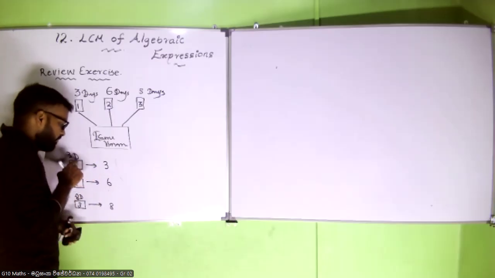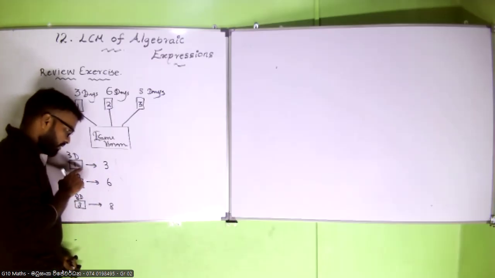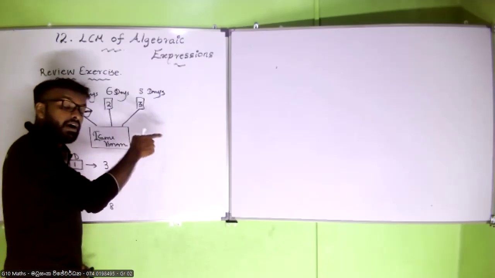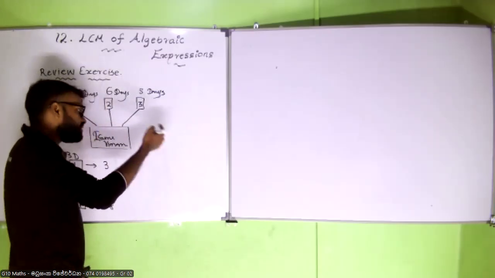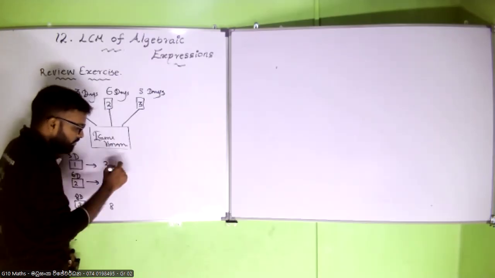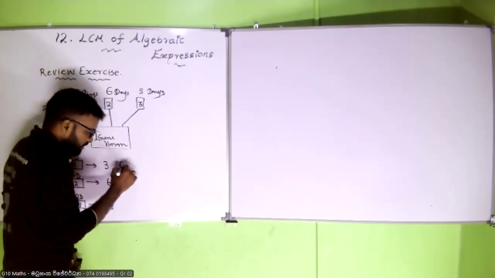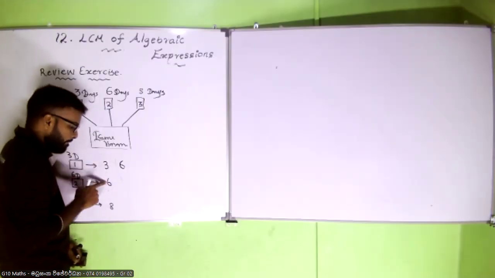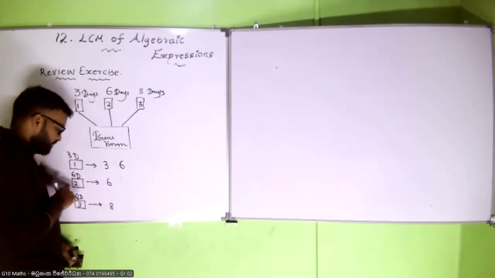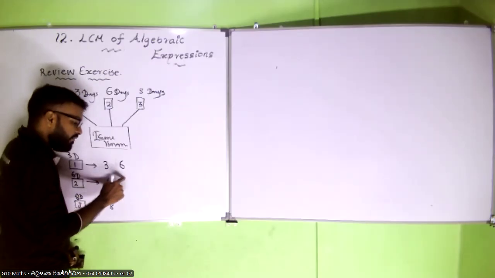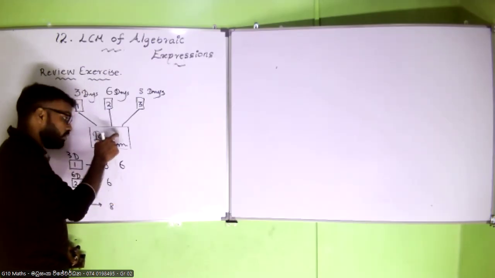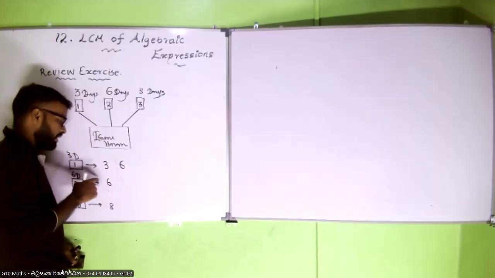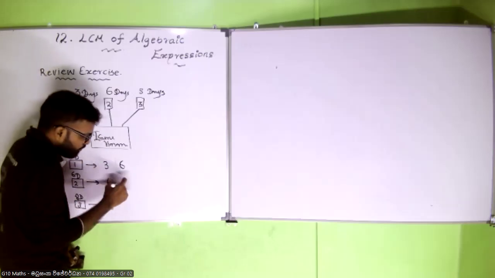If we consider the first van, it comes again after 3 days. So 3 plus 3, 6. The second van comes again after 6 days. 6 plus 6, 12.